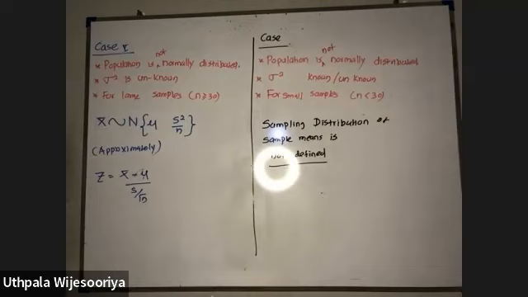Next one is the sampling distribution of difference between two sample means.